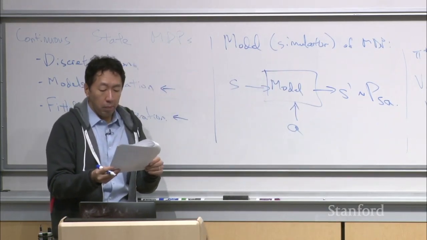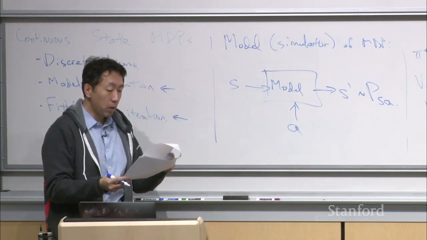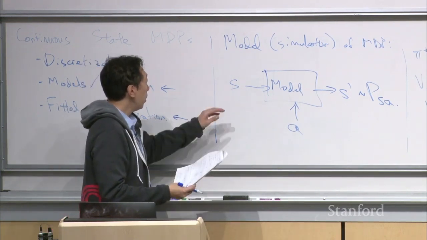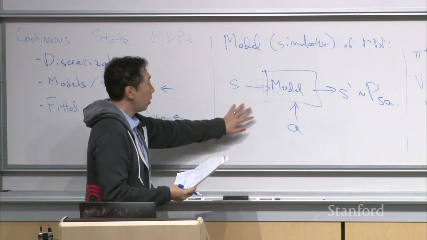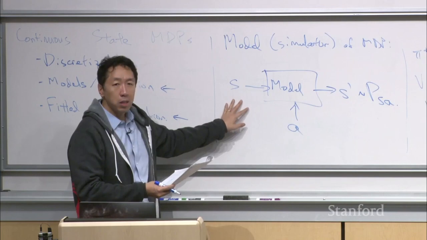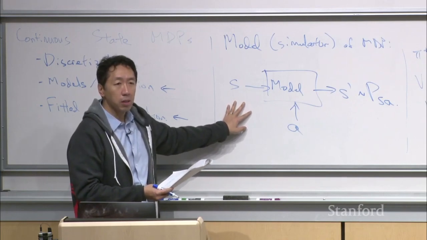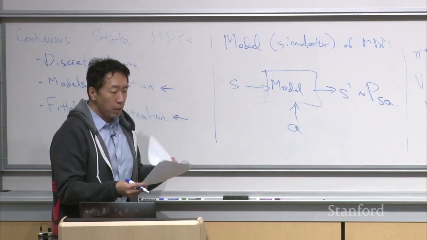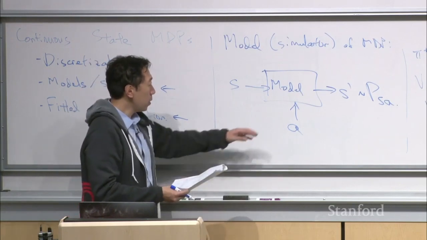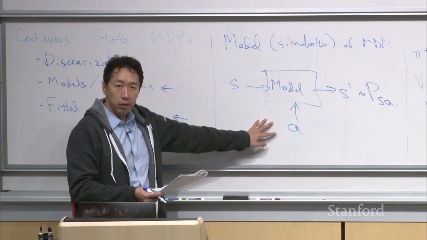Okay, and the way that a model is built is that the state is just a real value vector. Oh, and I think for simplicity, for now, let's assume that the action space is discrete.